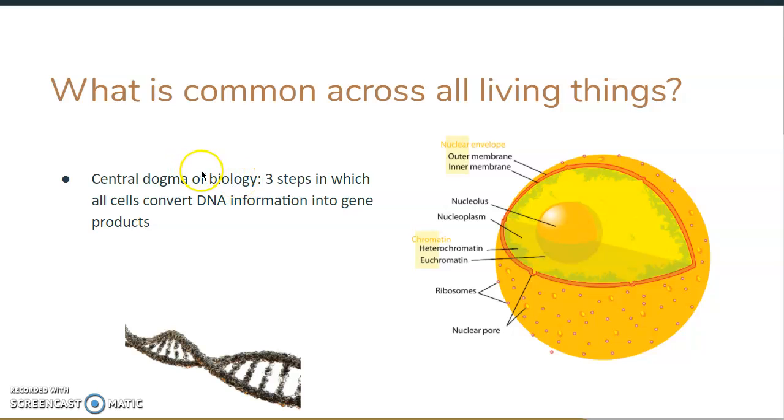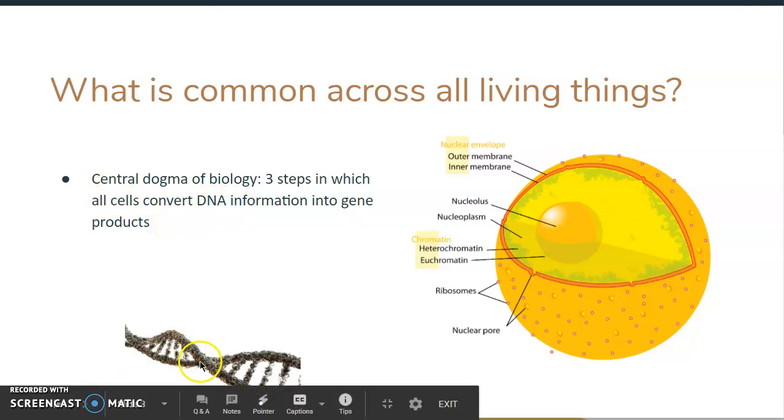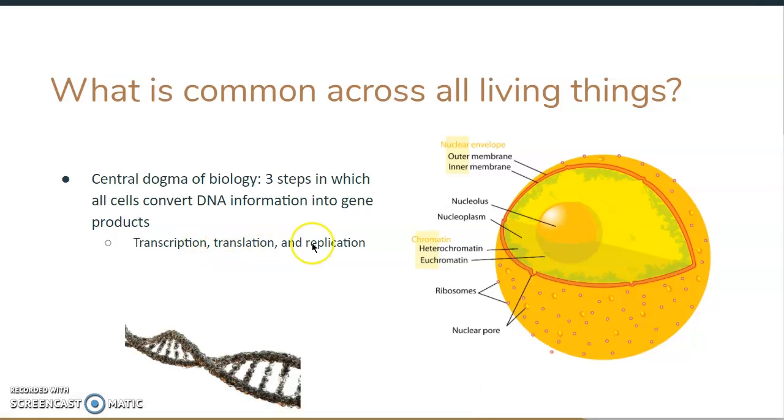This is the 3 steps in which all cells convert DNA, which is our information storing molecule, into gene products, which I think we mentioned a little bit about genetic material earlier. Those 3 stages are transcription, translation, and replication. We will learn all about DNA later in the year. This is kind of an introduction.